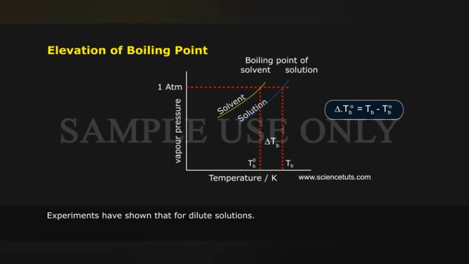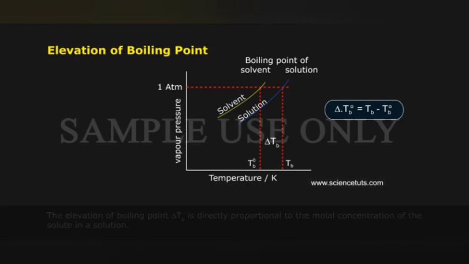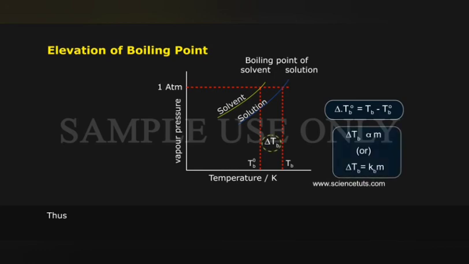Experiments have shown that for dilute solutions, the elevation of boiling point delta Tb is directly proportional to the molal concentration of the solute in a solution. Thus, delta Tb is directly proportional to m, or delta Tb is equal to Kb m.